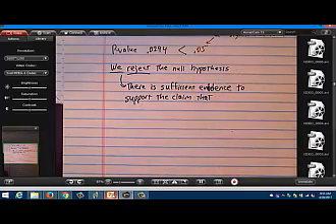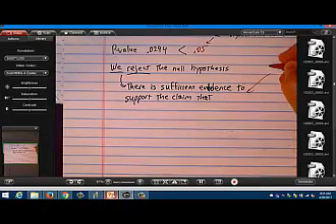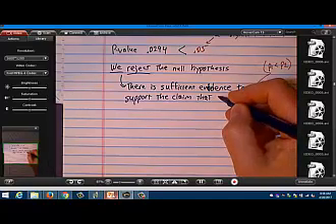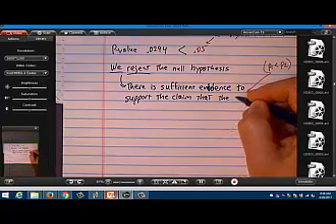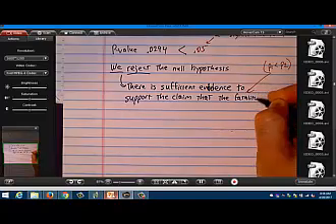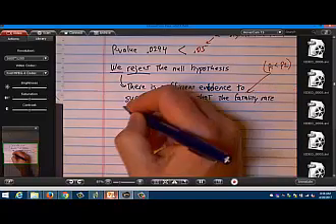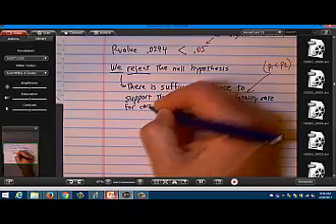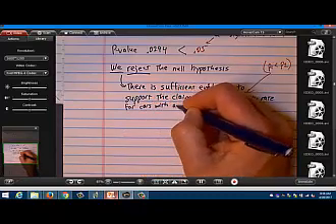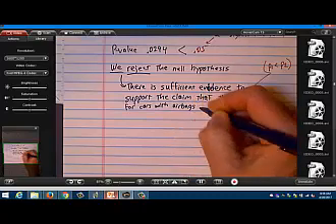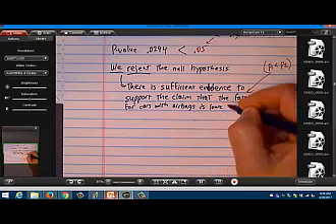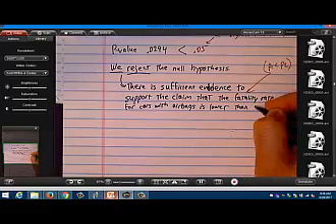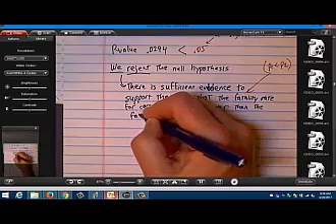The claim was that P1 is less than P2, right? But let's change that into English because we want to answer questions in English. Fatalities with airbags are less than fatalities with no airbags. That's right. The fatality rate for cars with airbags is lower than the fatality rate for those without.